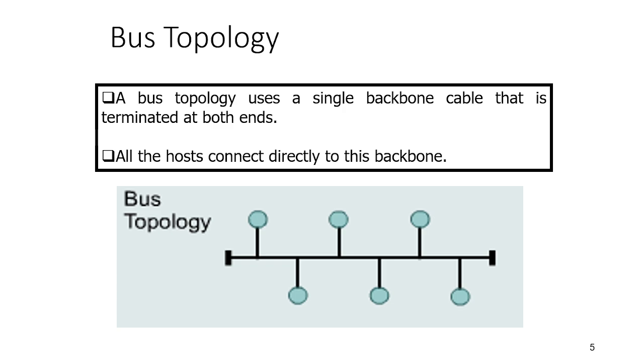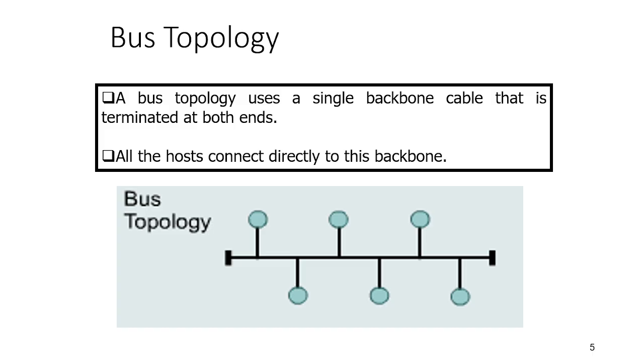However, only the intended receiver accepts the data while other devices ignore it. At both ends of the bus cable, terminators are used to prevent signal reflection. In a bus topology, all hosts are connected directly to the backbone.